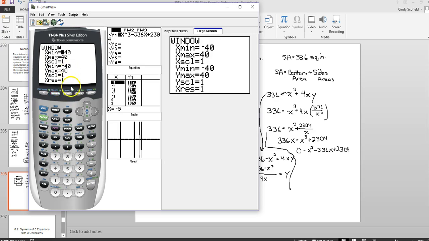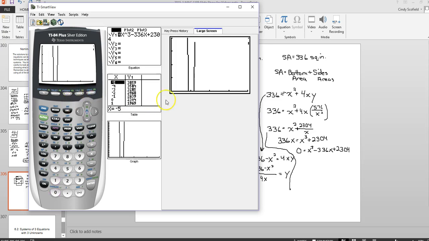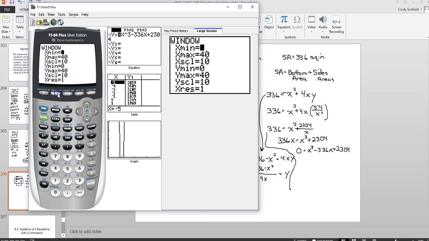So let's do this. Let's do window from 0 to 40, scale of tens. Max 0 to 40, scale of 10. Let's see what that gives me. All right, it gives me those two parts. So let me go back, change my window a tiny bit.